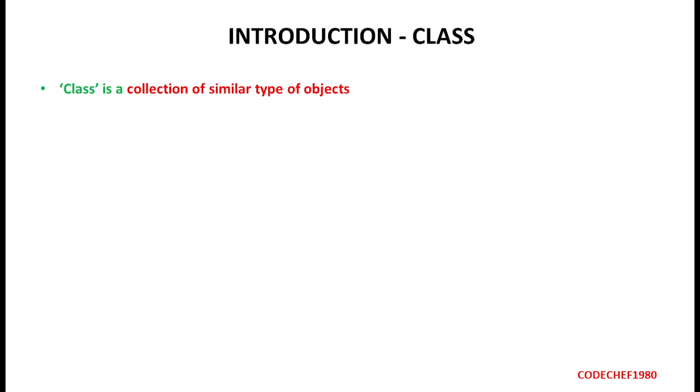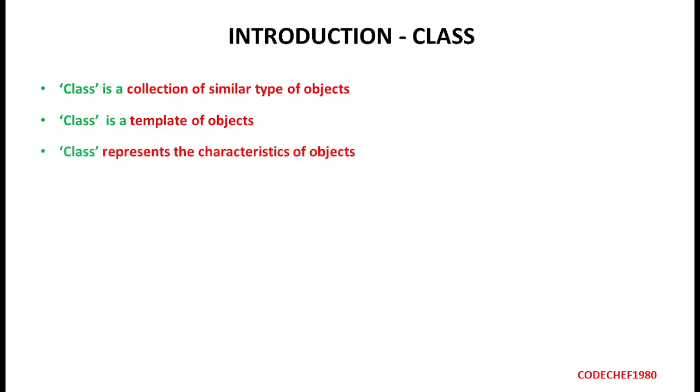That's why we say it is a collection of similar type of objects, and we can say the class is a template of objects. Just by seeing the class structure we can understand about the objects of the same class, and easily understand their structure.